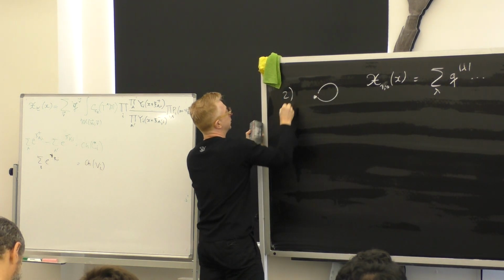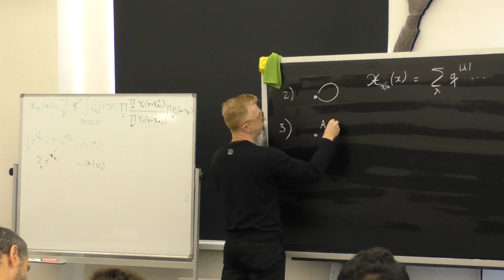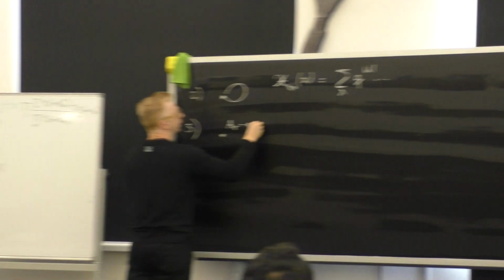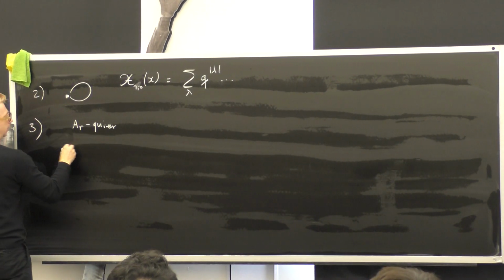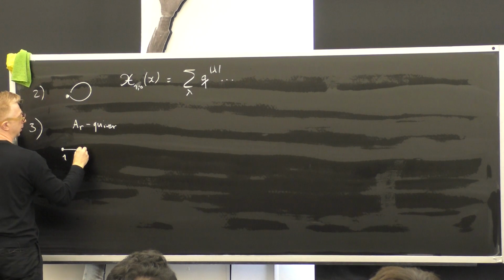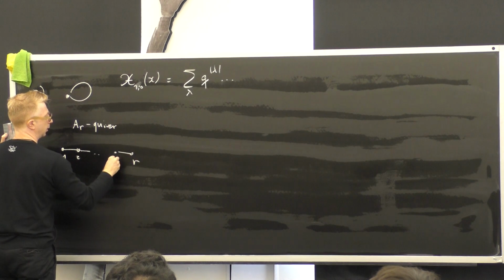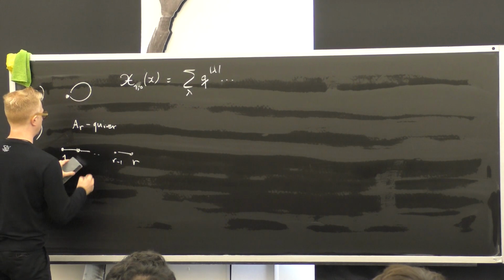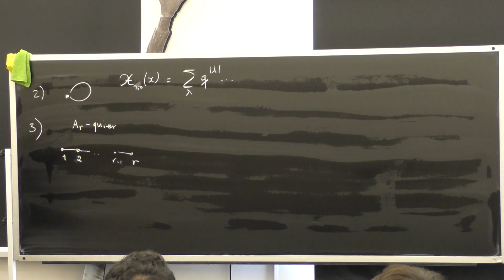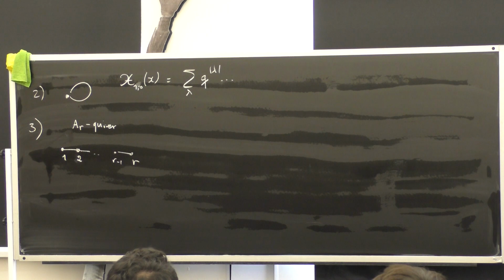And the third example is the example for the finite A-type quiver. So this is the quiver with r vertices and the edges of this form. So I will write the formula for the fundamental QQ characters.